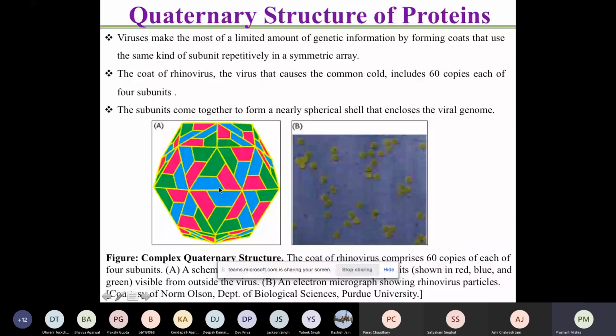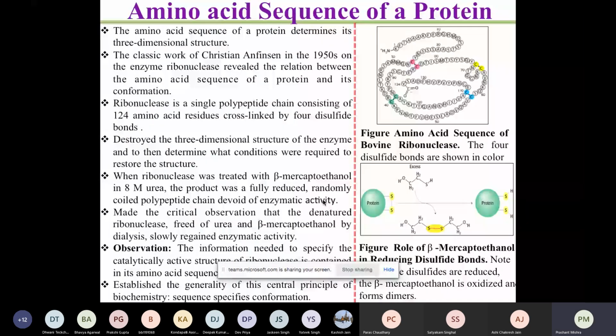On the right hand side, an electron micrograph shows a rhinovirus structure, and it looks like a particle, but actually each one has 60 copies of this repeated quaternary structure. So this gives you the possibility of how proteins can be organized.